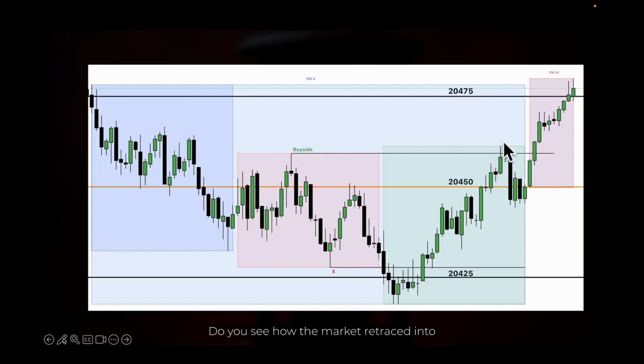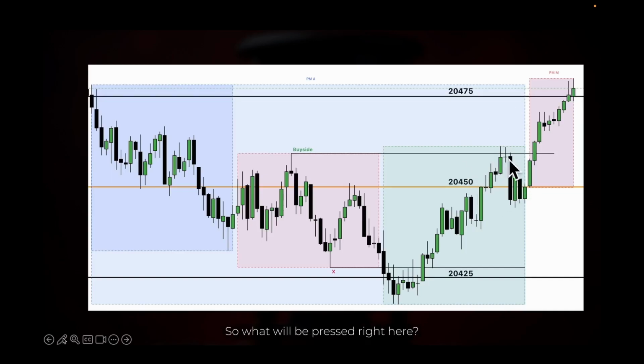Do you see how the market retraced into this very large imbalance right here? This imbalance got created whilst we repriced into that 20,450 price level. This is equilibrium of the bigger range, by the way. Market retraces into that, and as long as that does not get displaced below, you're still anticipating continuation higher. Market forms a new low here, and what do you note? Expansion higher, followed by retracement lower, followed by expansion higher.